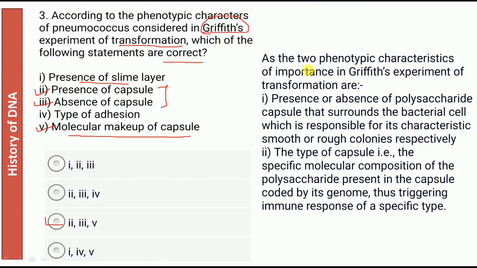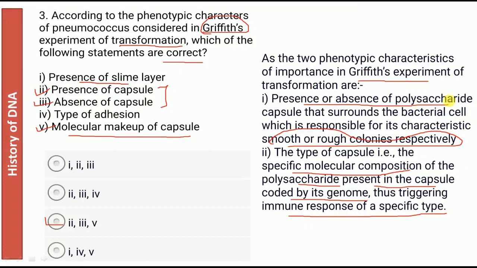There were two phenotypic characteristics of importance in the Griffith experiment. What was important was the presence or absence of the polysaccharide capsule that surrounds the bacterial cell, which is responsible for smooth or rough colonies respectively, S and R colonies. The type of capsule, that is, the specific molecular composition of the polysaccharide present in the capsule, is coded by its genome, thus triggering an immune response of a specific type.